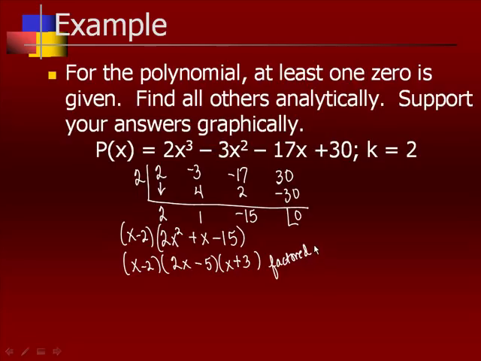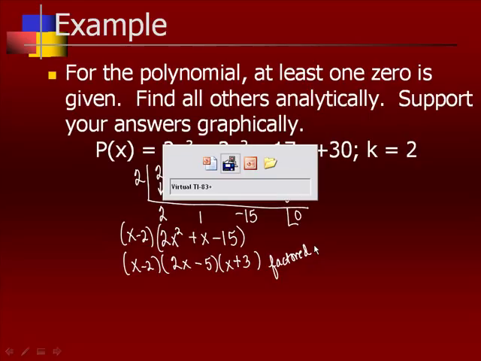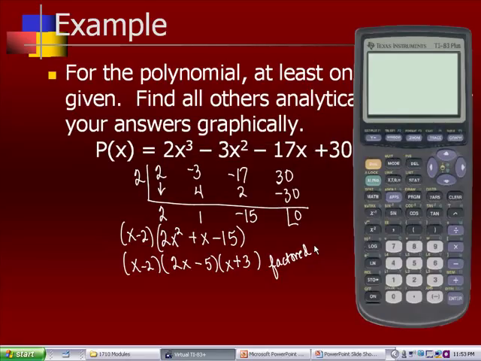Now if you didn't like that, you could look on your calculator and find your zeros and use those zeros to help find your factors. Then it says support your answer on your calculator. Okay, we're going to graph them all in our calculator.